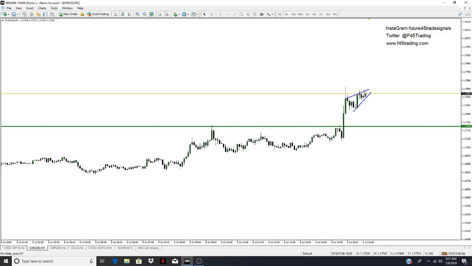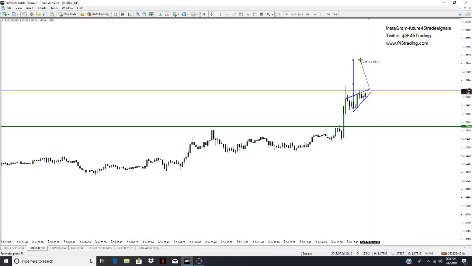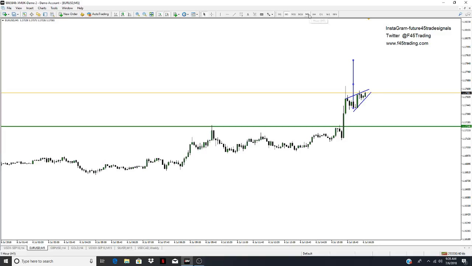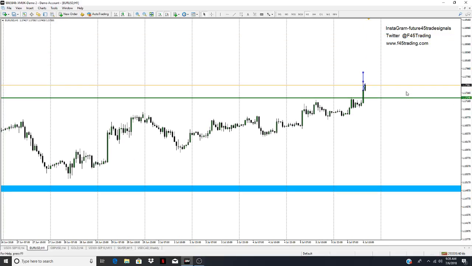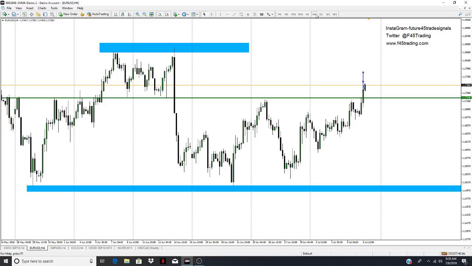Just put the stop here and do a buy on the breakout. How many pips could you run on this? If we just did a breakout trade, you could get 30 pips on this. And you definitely have room to go higher.